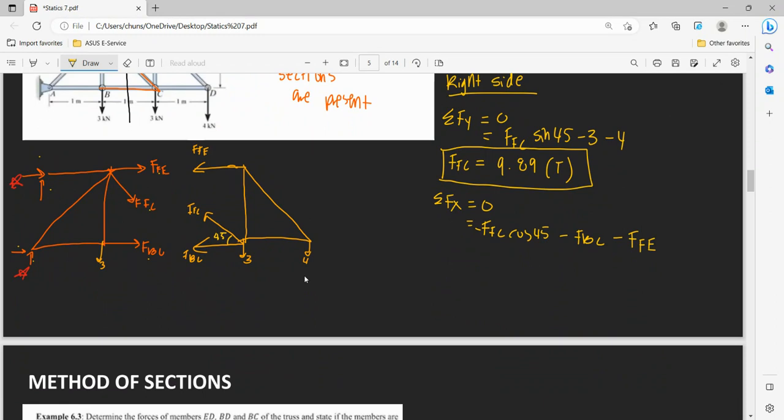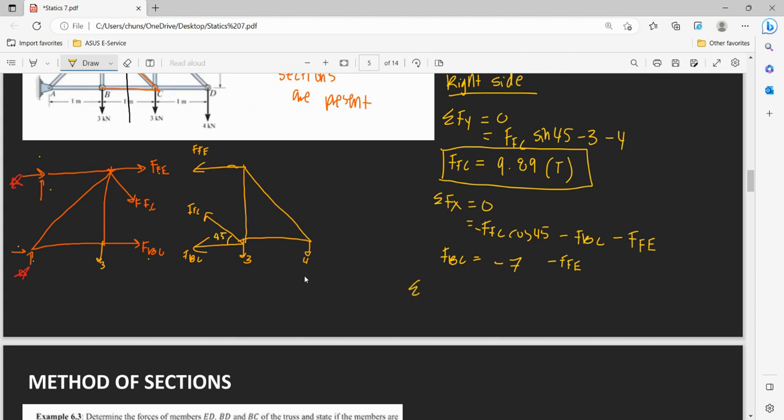So this will give us F_BC is equal to, let's take this value, cos 45 times our answer, and this is going to be negative 7, right, is equal to F_BC.